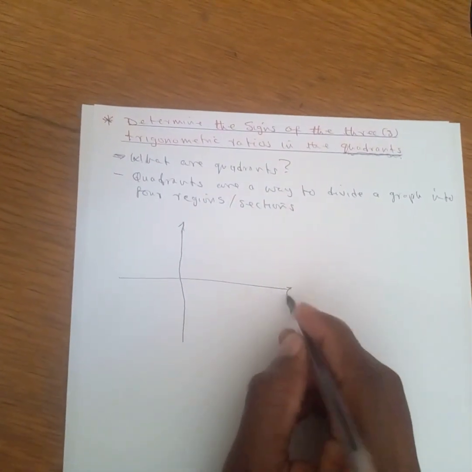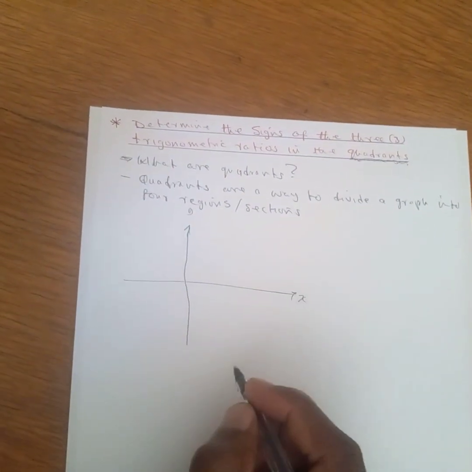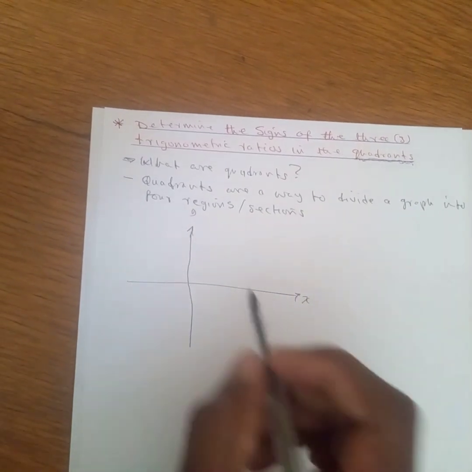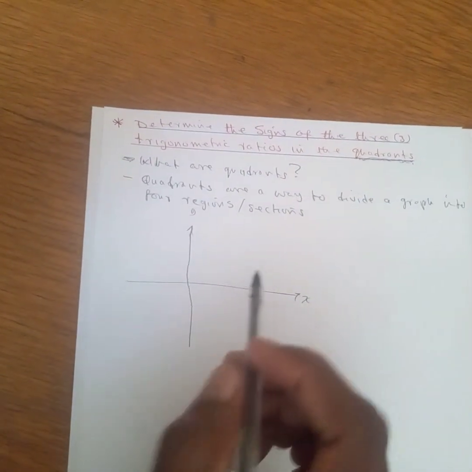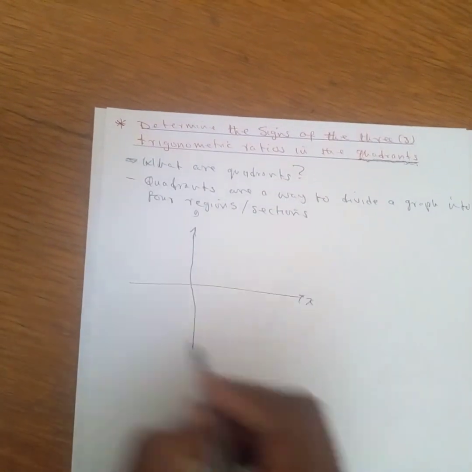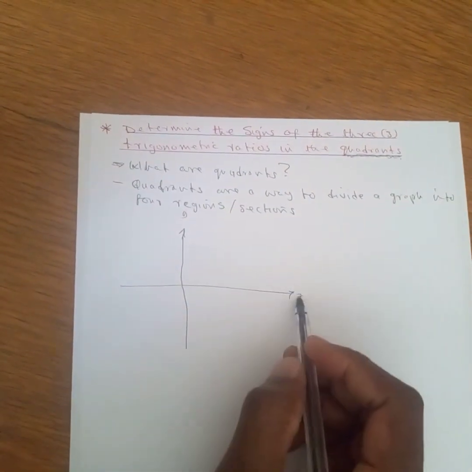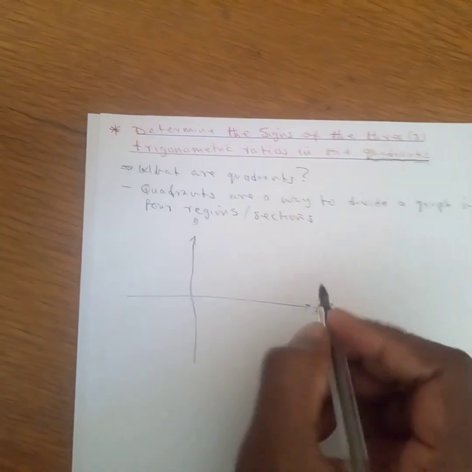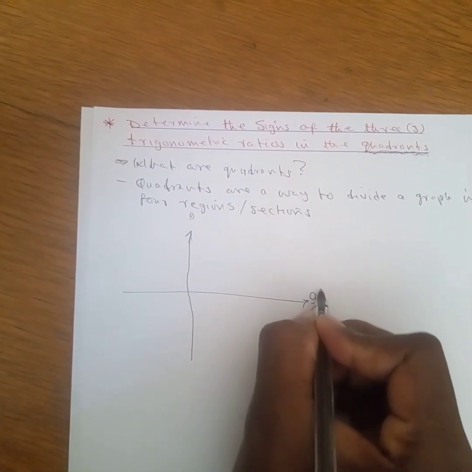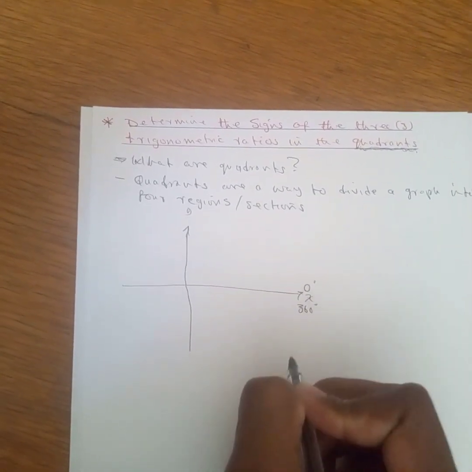We know that the graph has got x-axis, y-axis, and now there is an important part we need to understand. A quadrant divides the graph into four equal parts, but this Cartesian plane or this graph has a rotation of 360 degrees. So we start where the x-axis is, where 0 degrees is, and 360 degrees.